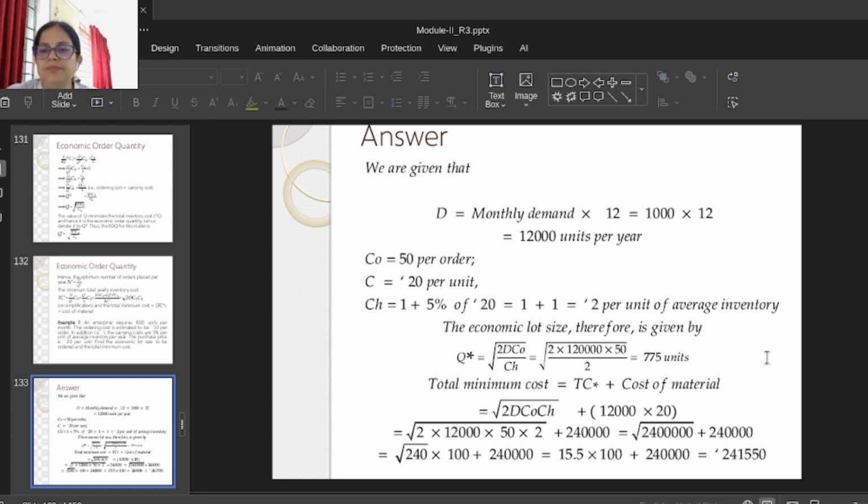When we are purchasing a single item, the purchase cost is 20. The annual demand is 12,000, so 12,000 into 20 we need to add. So the total cost is 2,41,550.